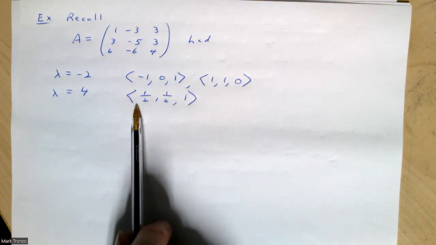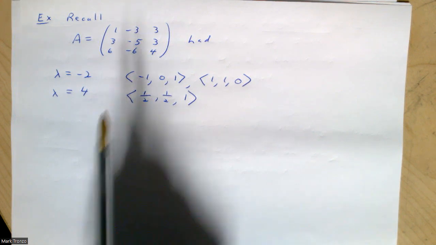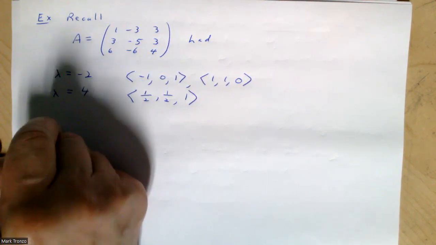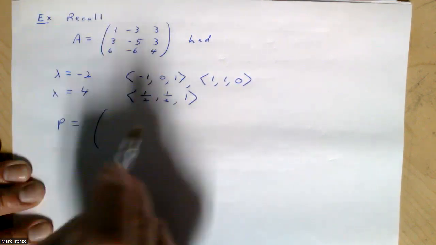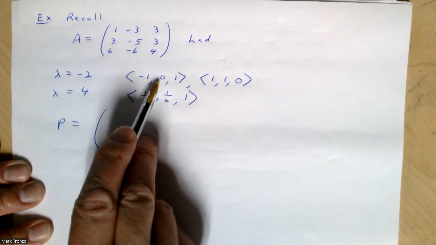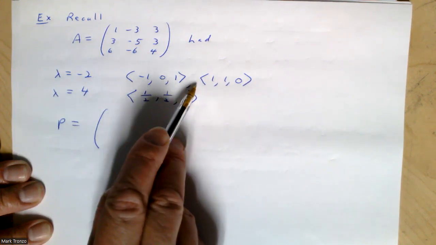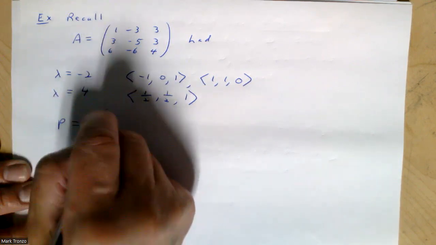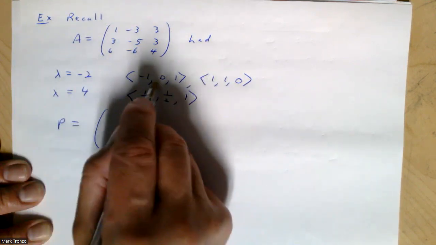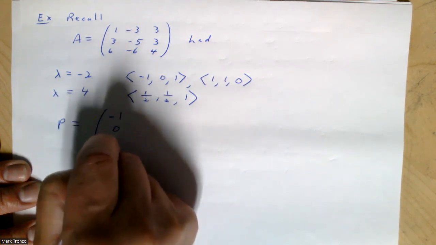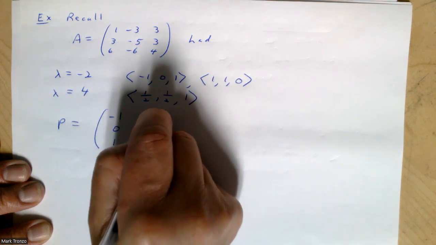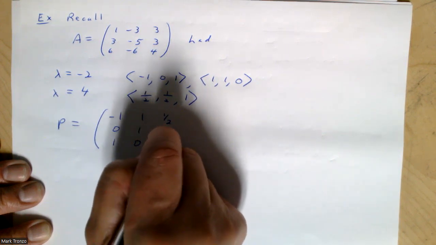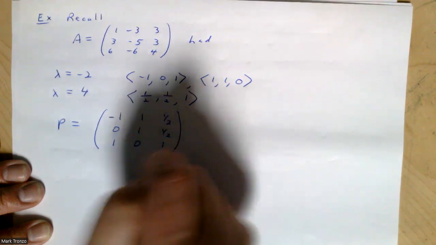So now, P is going to be equal to the matrix with columns minus 1, 0, 1; 1, 1, 0; 1/2, 1/2, 1.